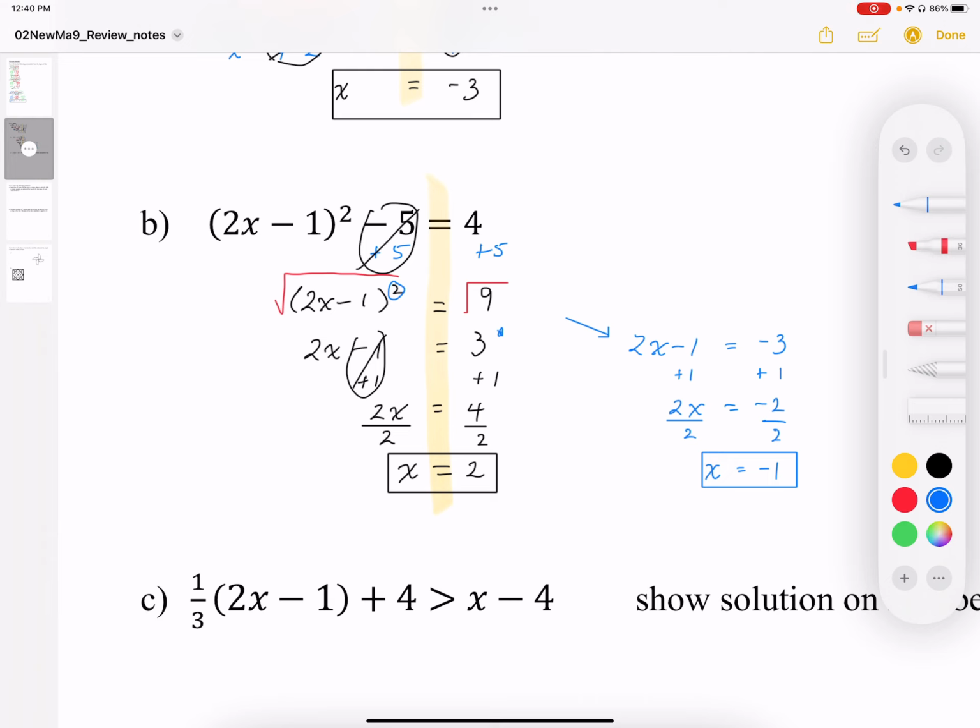Negative 1 times 2 is negative 2, minus 1 is negative 3, negative 3 squared is positive 9, positive 9 minus 5 is 4, so that negative 1 also works. Okay, so we're not responsible for that one right now, but later on we will have to worry about this plus and minus.